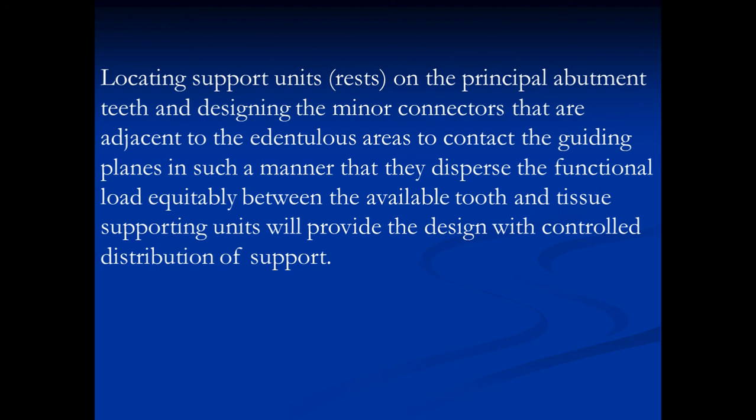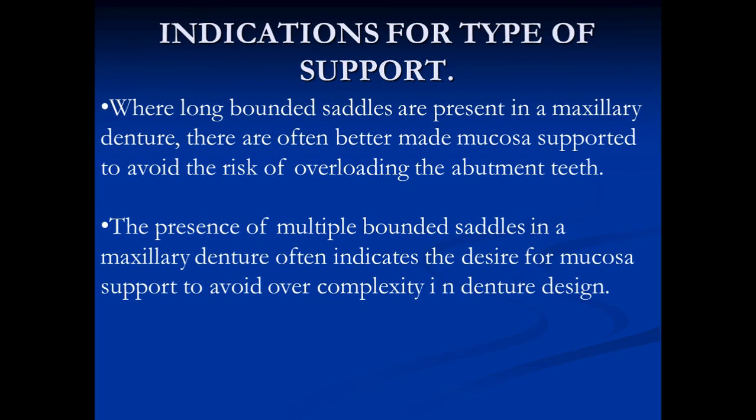That gives a controlled distribution of load to both hard and soft tissues. So in these three different conditions, we have to vary our design of the removable partial denture.